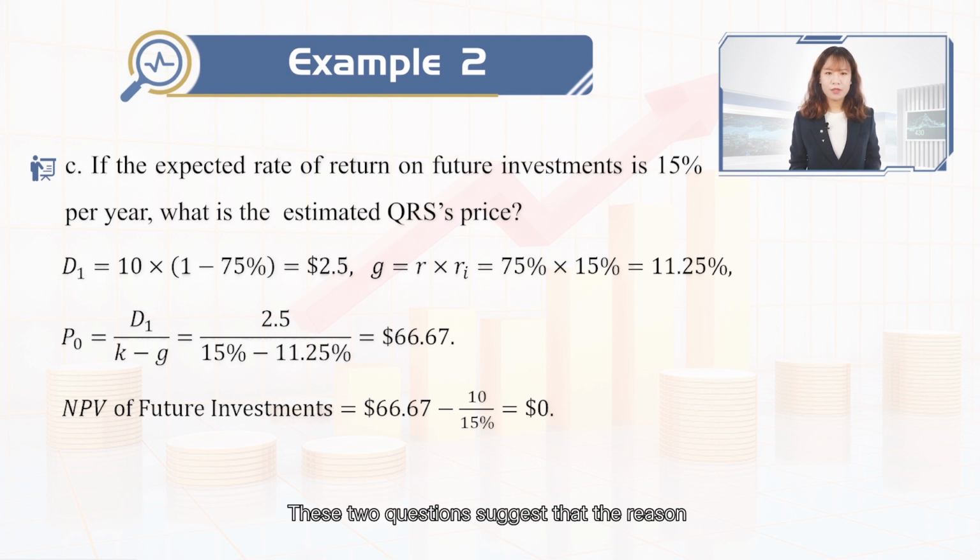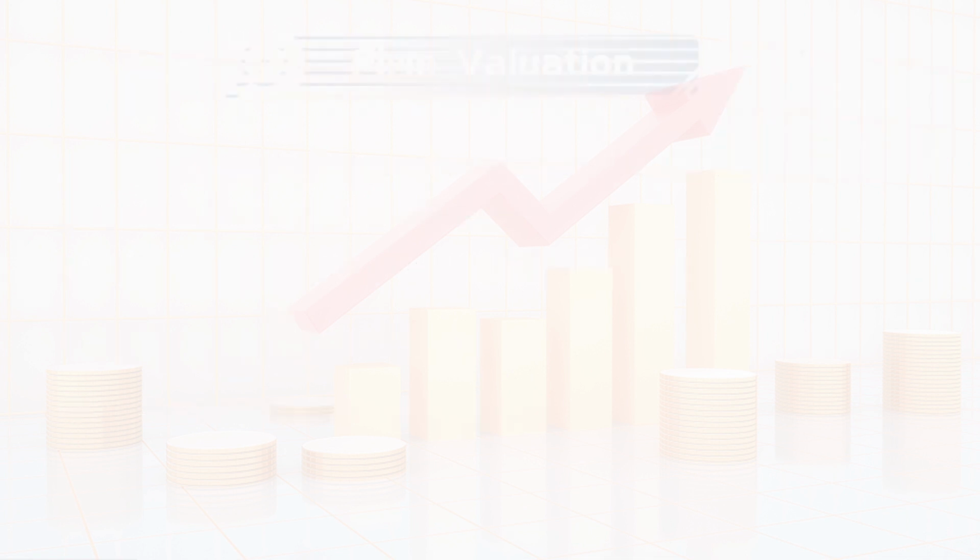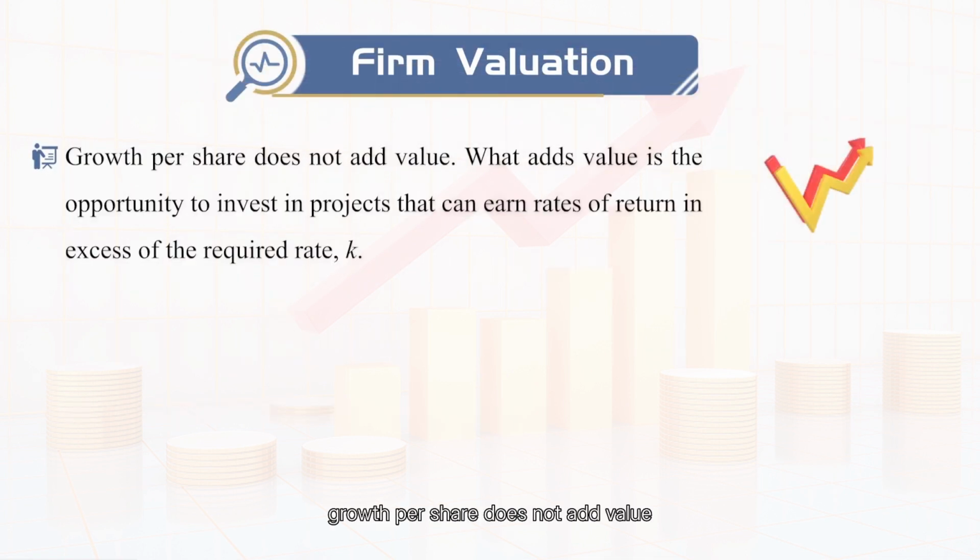These two questions suggest that the reason the stock price per share becomes higher is not growth per share, but the fact that its reinvested earnings yield a rate of return in excess of the market capitalization rate. That is 18% per year versus 15% per year. In conclusion, growth per share does not add value.